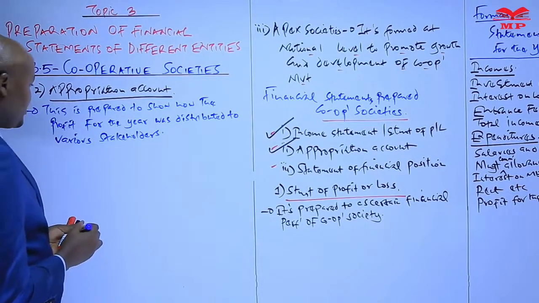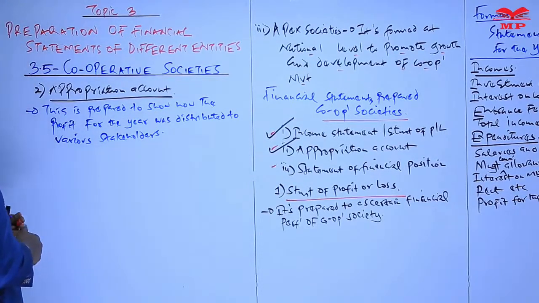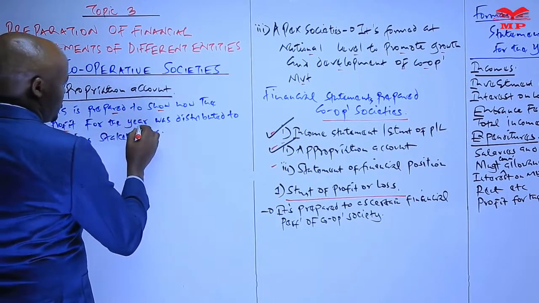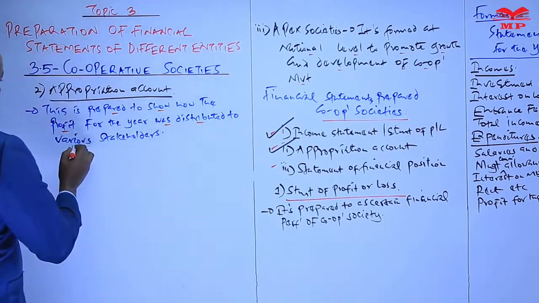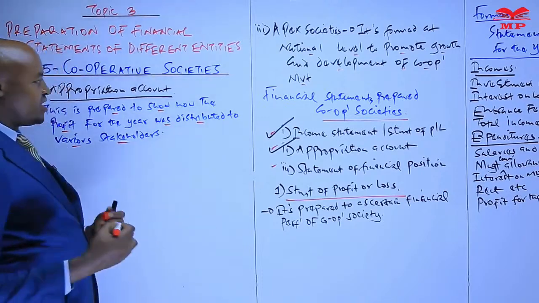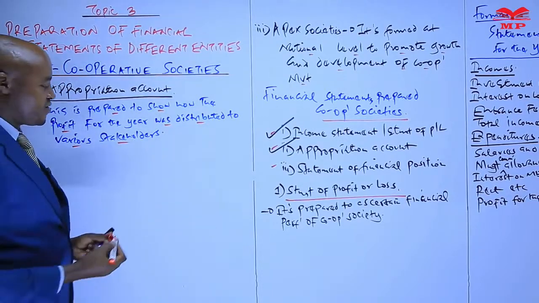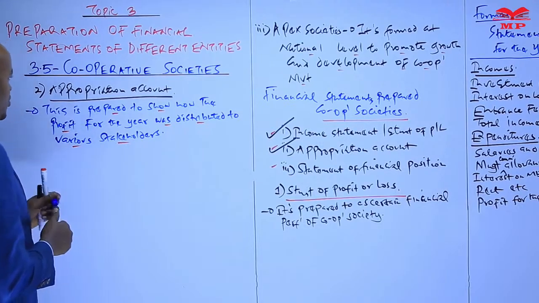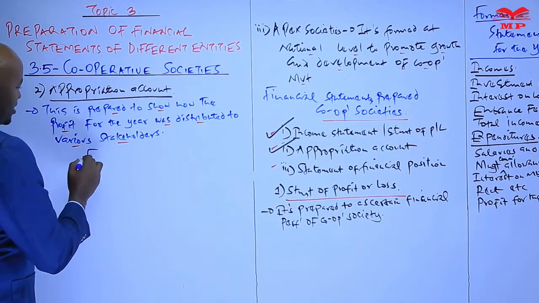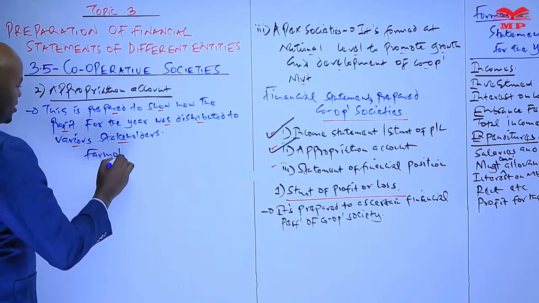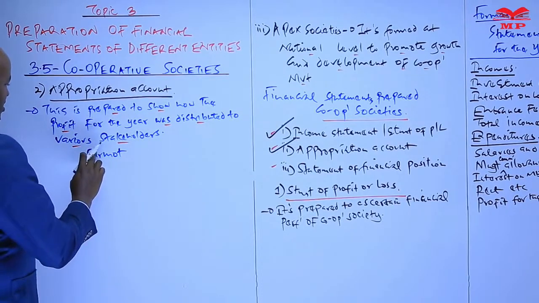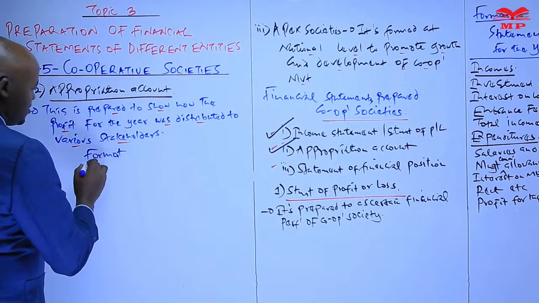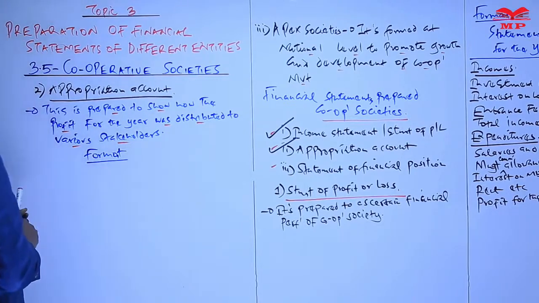So this one is prepared to show how the profit for the year was distributed to various stakeholders in form of dividends, in form of transfer to the statutory reserve fund, and so on. So how do we prepare this particular account? We can look at the format of the appropriation account.